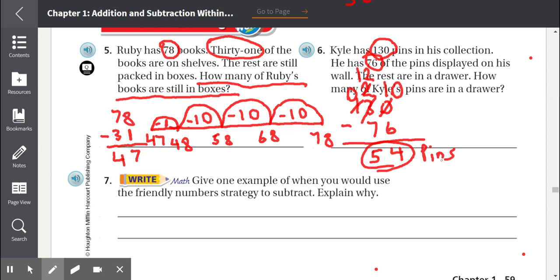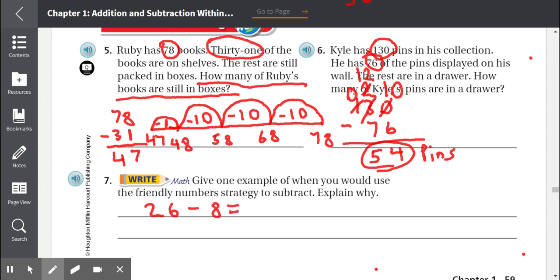Number 7. Give one example of when you would use the friendly number strategy to subtract. So we're going to use 26 minus 8.